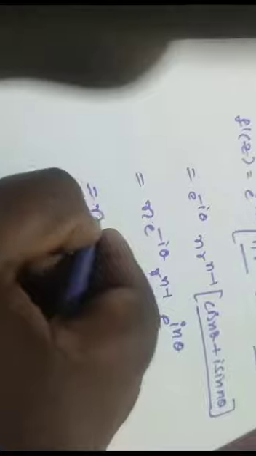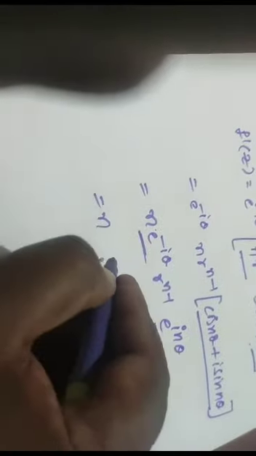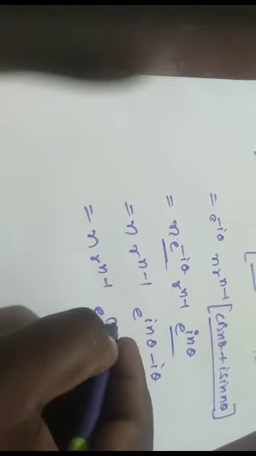Here the bases are the same, so we can add the powers. Write n into r power n minus 1 as it is. Adding the powers, i n theta minus i theta, we get n into r power n minus 1 e power n minus 1 into i theta.